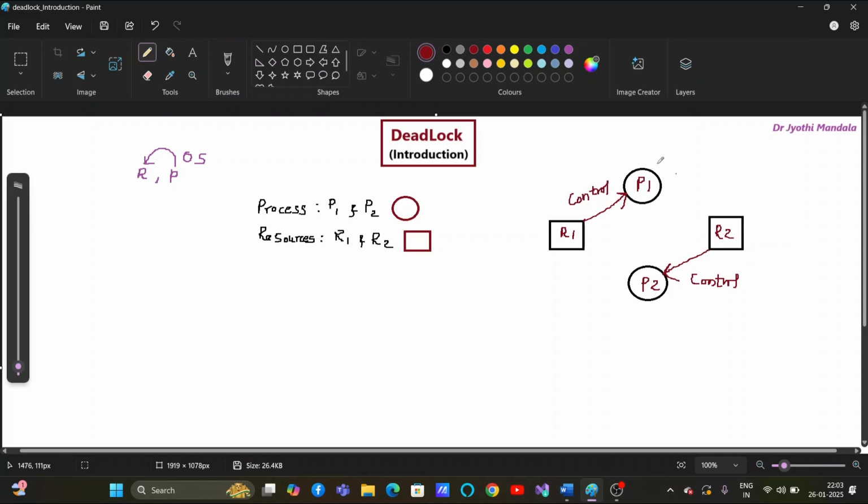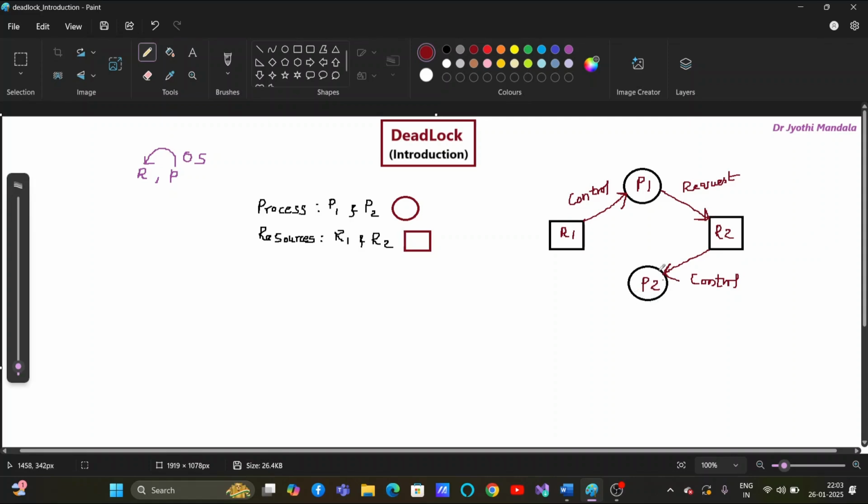It will request the operating system for the R2 resource. Let us represent this with an arrow from P1 to R2, which is your request. Here P1 is requesting R2, but it can't be assigned to P1. Why? Because R2 is under the control of P2. R2 can be released only when P2 completes its task.